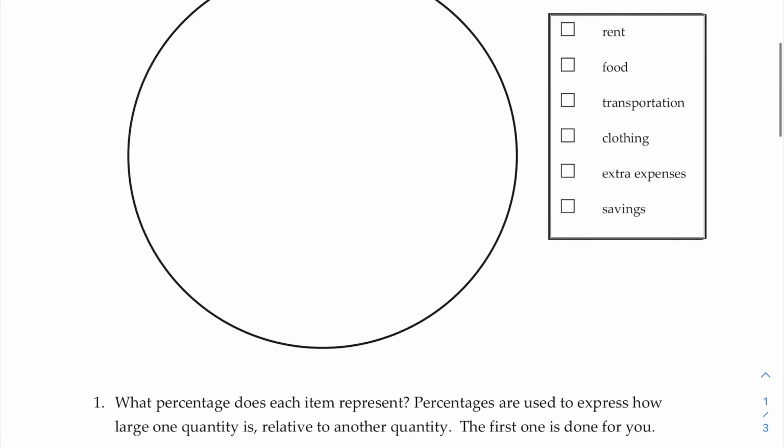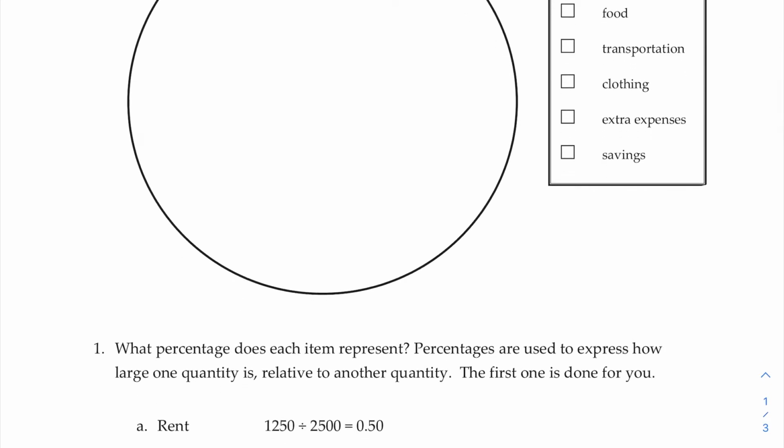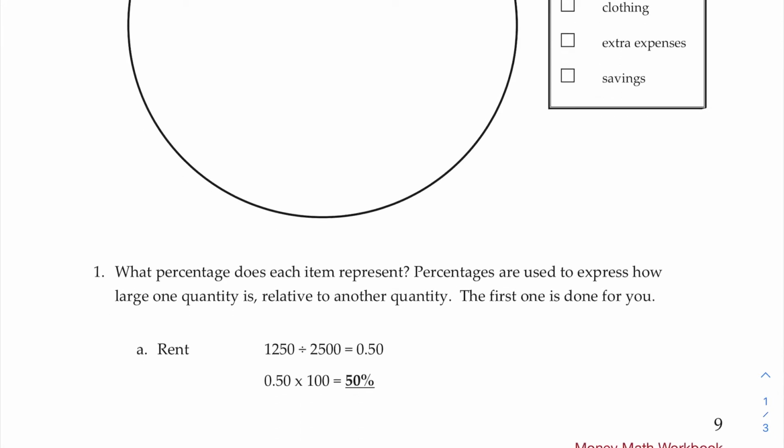First, what we want to do is find what percentage each item represents. Percentages are used to express how large one quantity is relative to another quantity. What we're trying to determine is how big each of these amounts is compared to our total income. You can see that the first one, rent, is done for you.